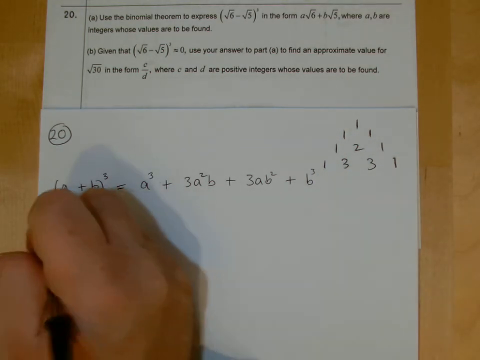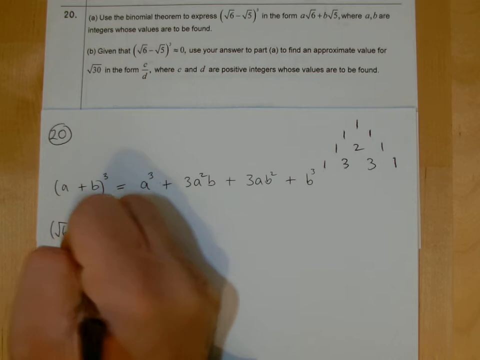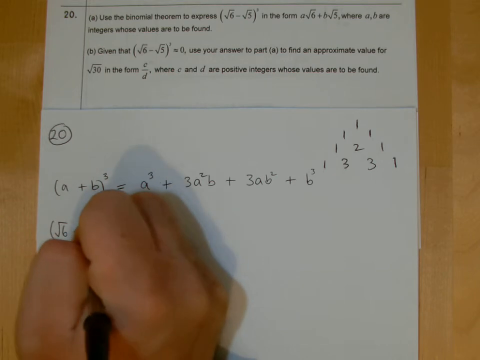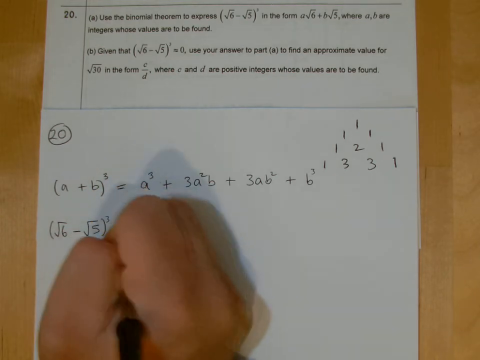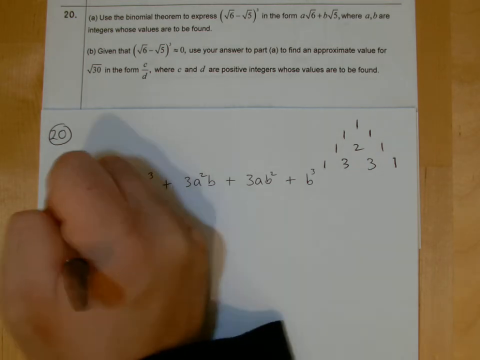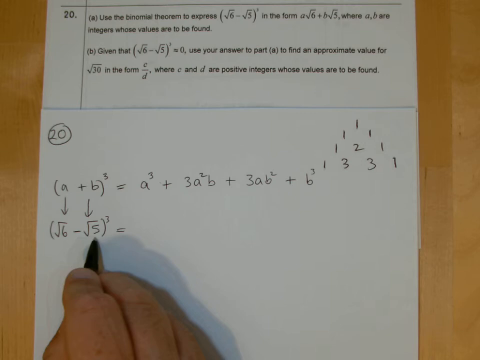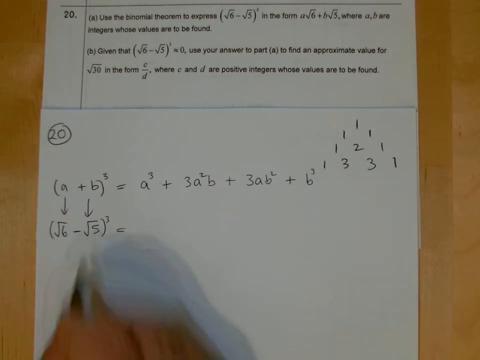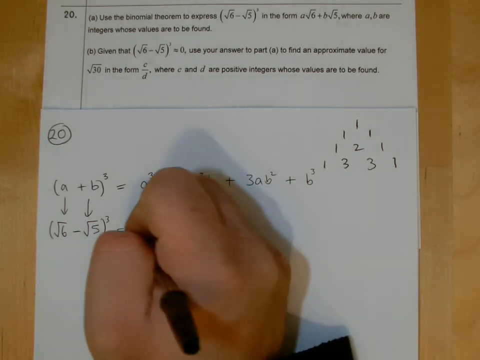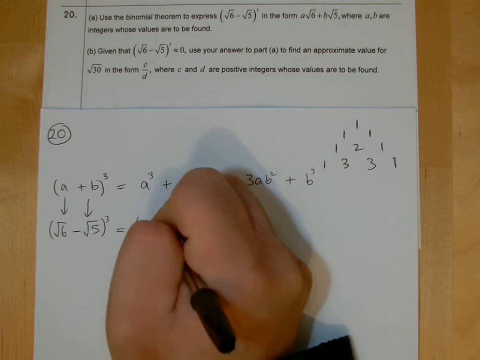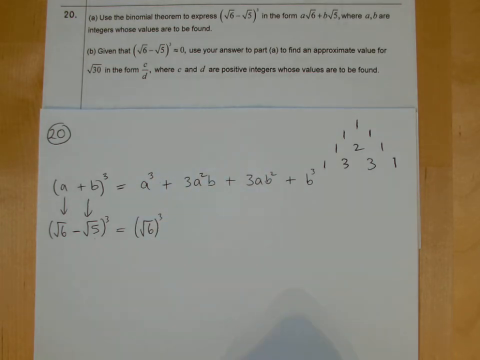So what we'll do then is we'll plug in our question. So in this case, a becomes root 6, b becomes negative root 5, yeah? Take account of the negative there, okay? So you put in root 6 cubed there, okay?